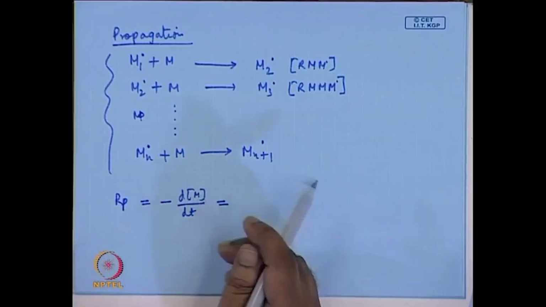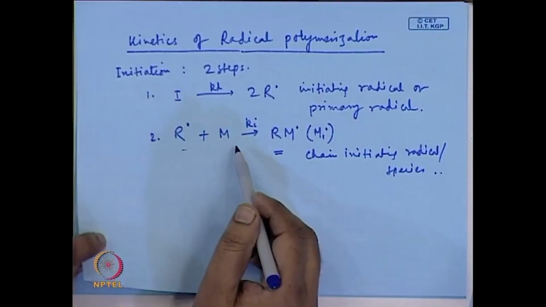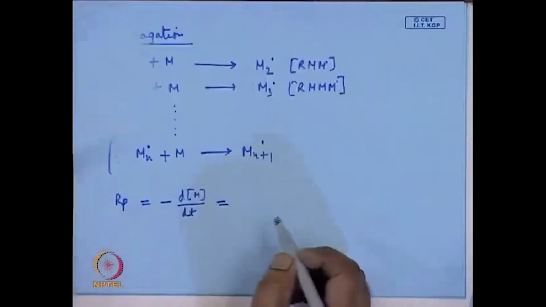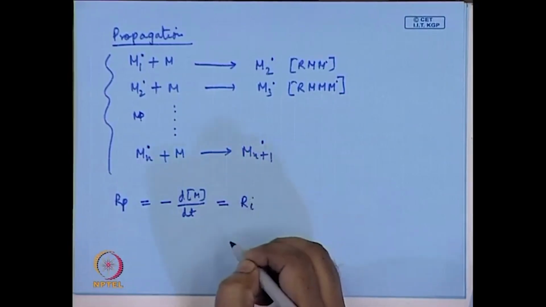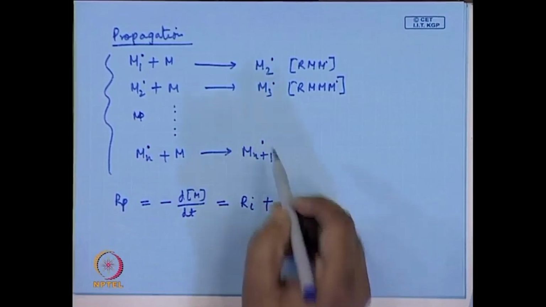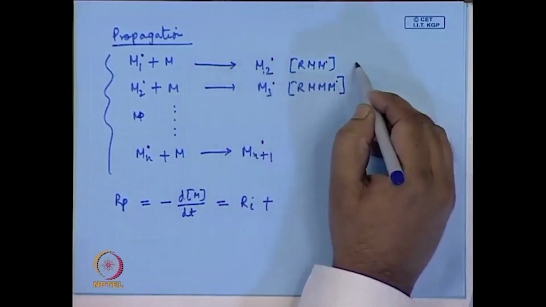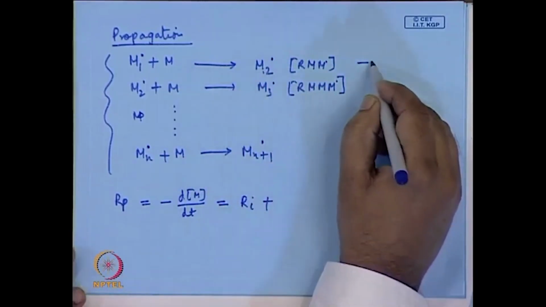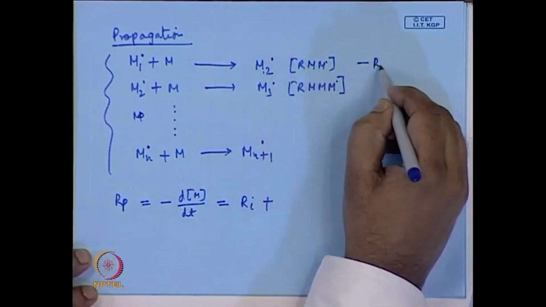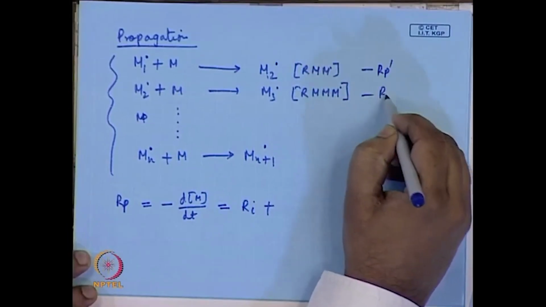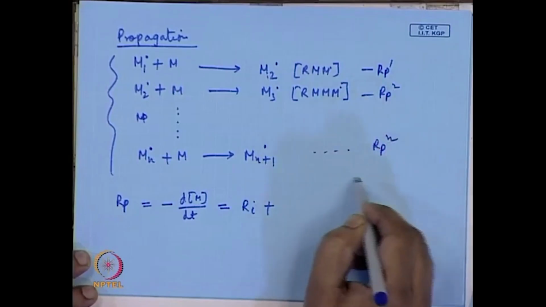In the initiation reaction the monomer is getting consumed, so I write the initiation rate there, plus all these steps: Rp1, Rp2, Rpn and so on.